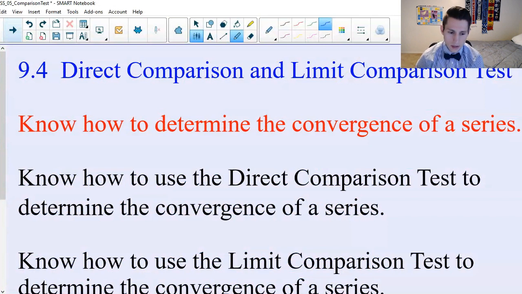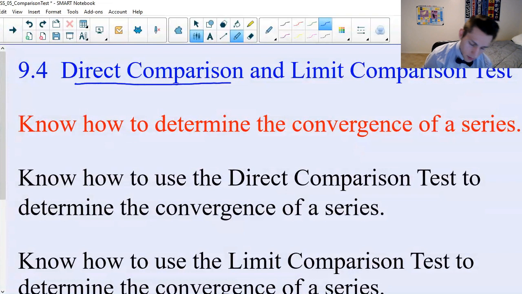We're not going to do as much as we normally would if we were here every day. I want to focus on the stuff that they have said we should focus on since everything has changed. We'll definitely do this direct comparison, but we probably won't do the limit comparison test since they said it won't be as necessary.